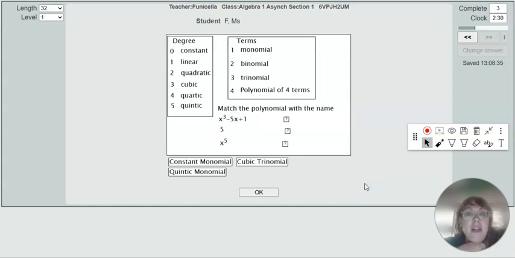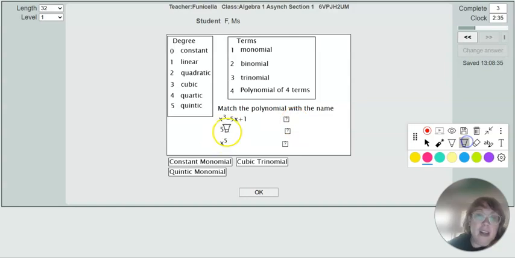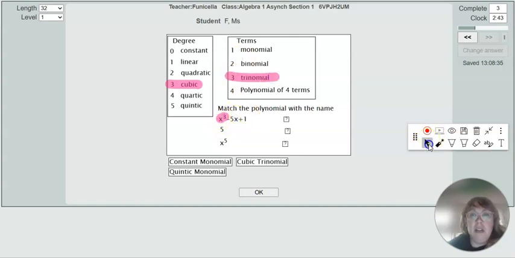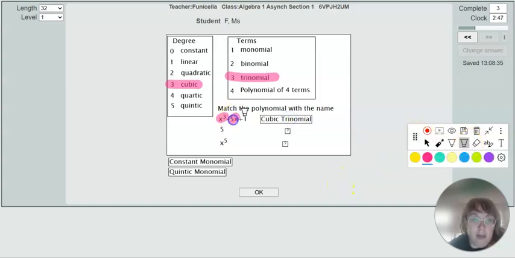On this next slide, we're going to match the polynomial with the name. So the first one has a degree of 3. That's our highest exponent. And there are 1, 2, 3 terms. So the first one is a cubic trinomial, because we have 1, 2, 3 terms, and our highest exponent is a 3. For the next one, we don't have any exponents.